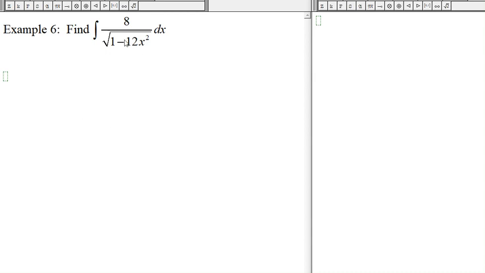For this integral, we have the integral of 8 divided by the square root of 1 minus 12x squared. So this looks like the form of 1 divided by the square root of a squared minus u squared.